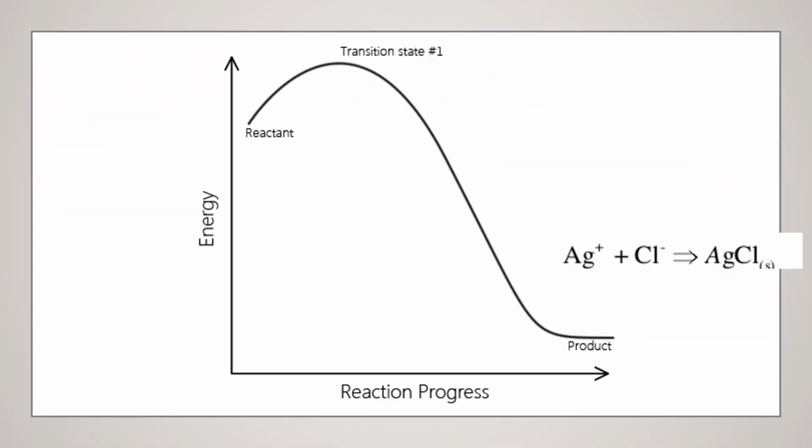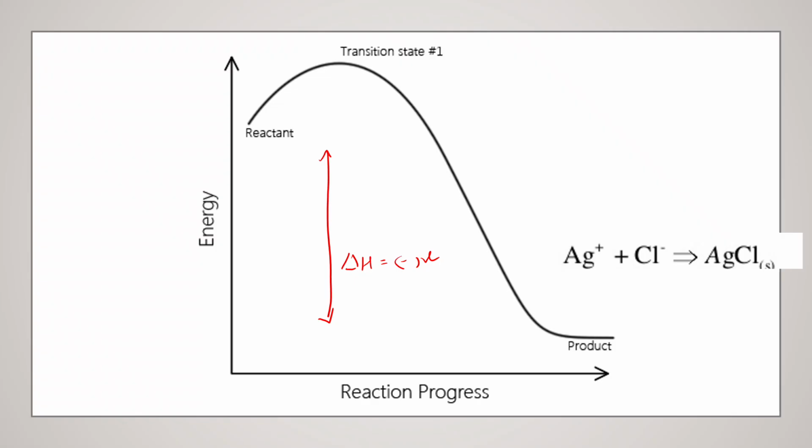So let's have a look at the energy profile diagrams of some elementary reactions followed by a complex reaction. This is a fairly simple example of an exothermic elementary reaction, because you can see that the enthalpy change between the reactant and the product is negative, and you have the formation of a single transition state here.